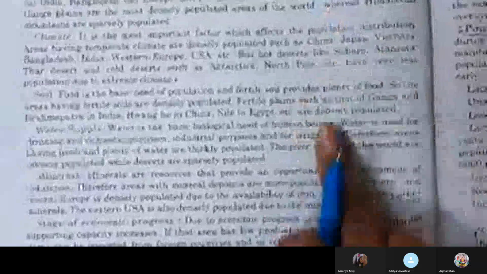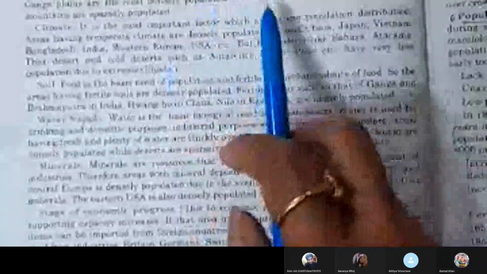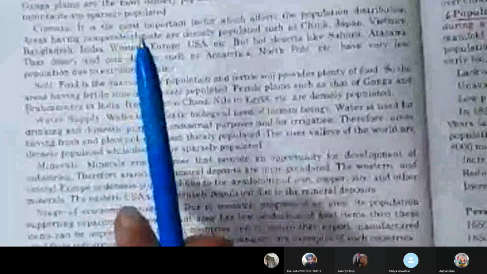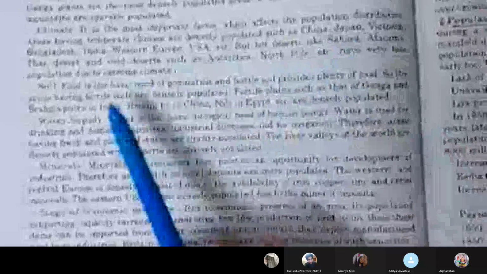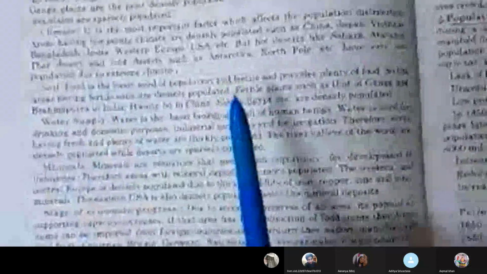I have told you about the topography also, the places which are good, like China, Japan, India, Bangladesh, Europe, Eastern USA, etc. And for climate, the suitable places are again China, Japan, Vietnam, Bangladesh, India, etc. So you need to know these.